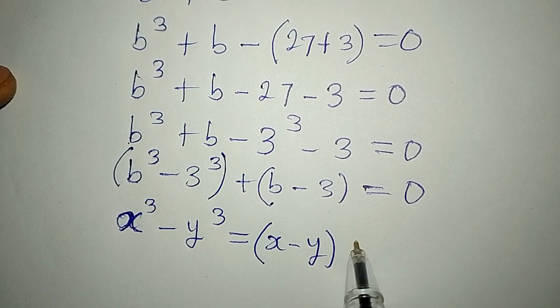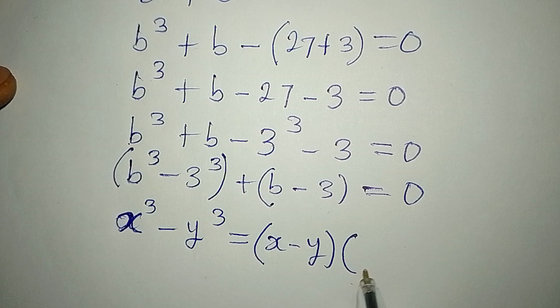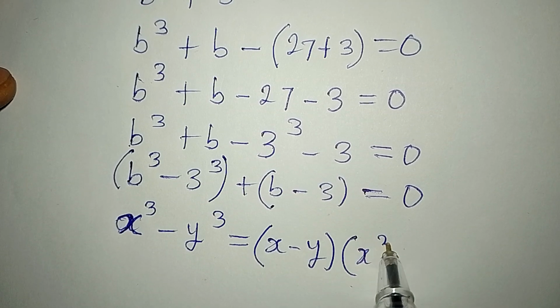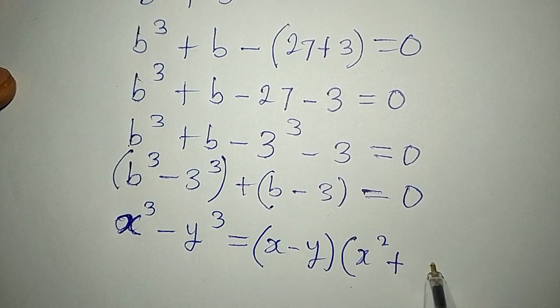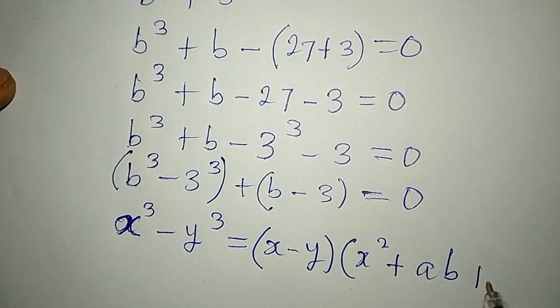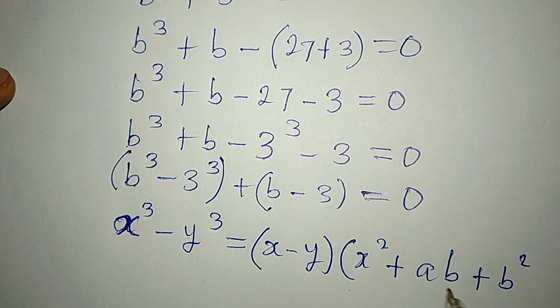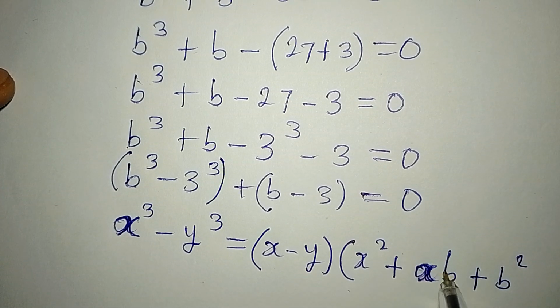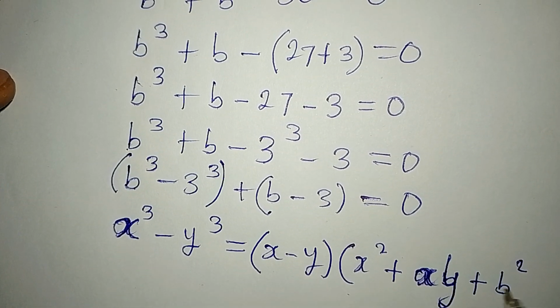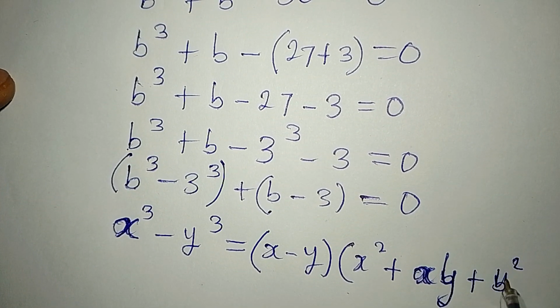Close this. Then here we have x squared, we have plus xy, then plus y squared. Okay, we are using x, right? That means it's going to be xy, and here we have y squared.